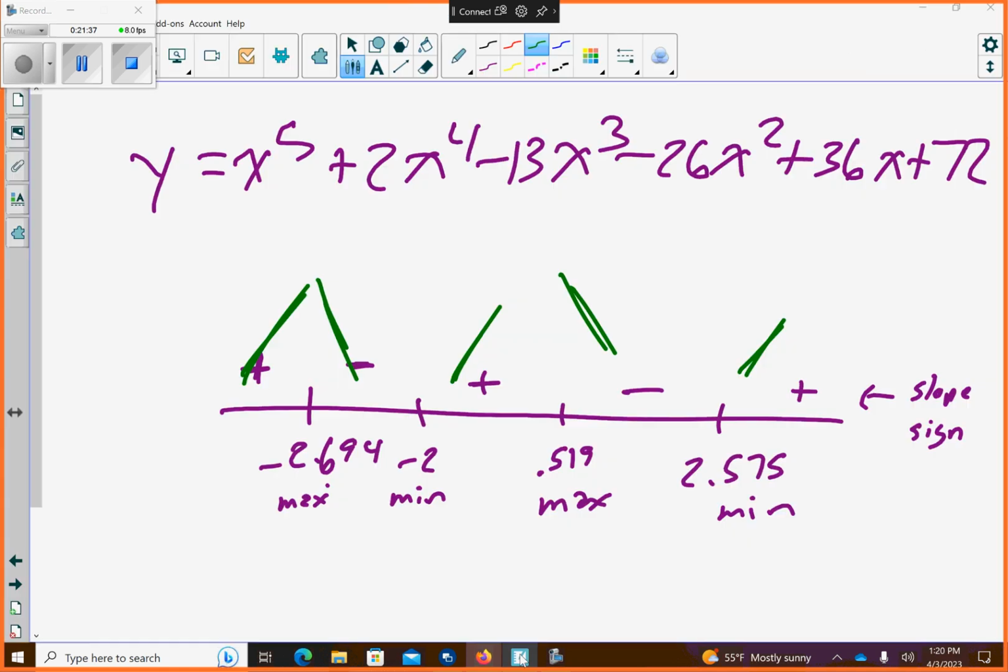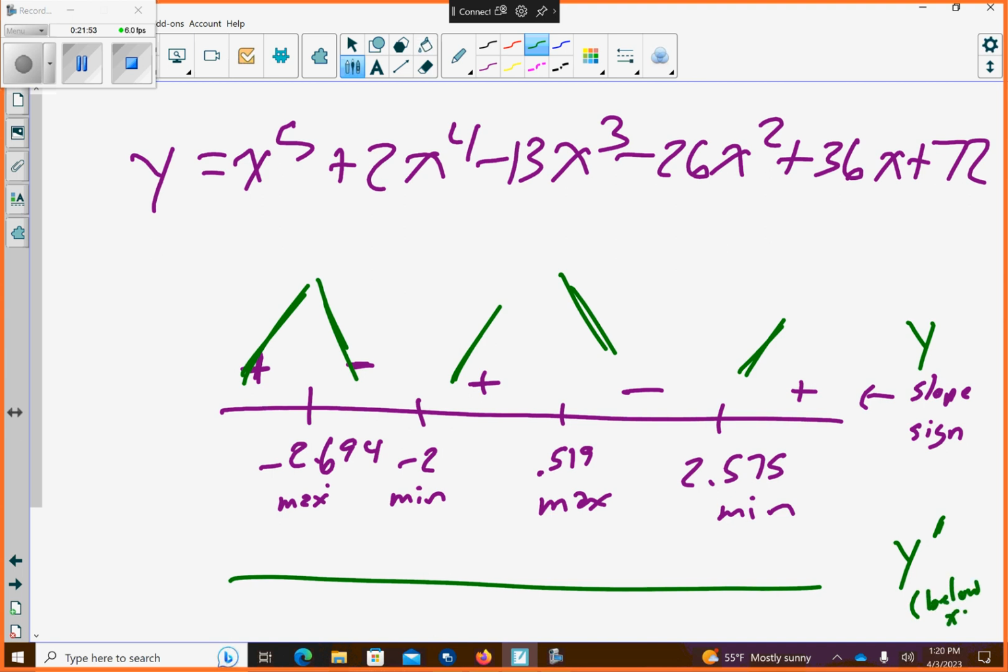So with that known now, this is my y graph, and if I did my y prime graph, this is going to look where it's below the x-axis. Okay, so I have negative 2.694 to negative 2 to 0.519 to 2.575.